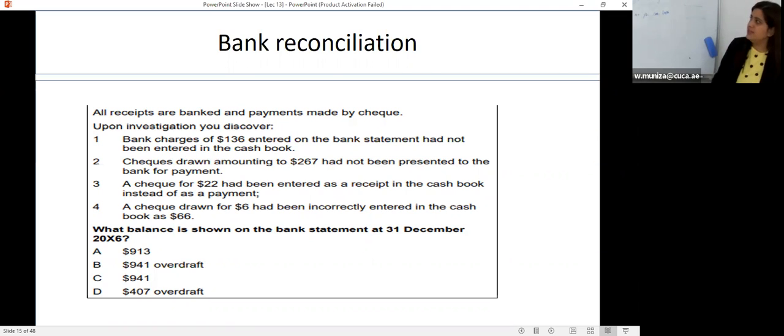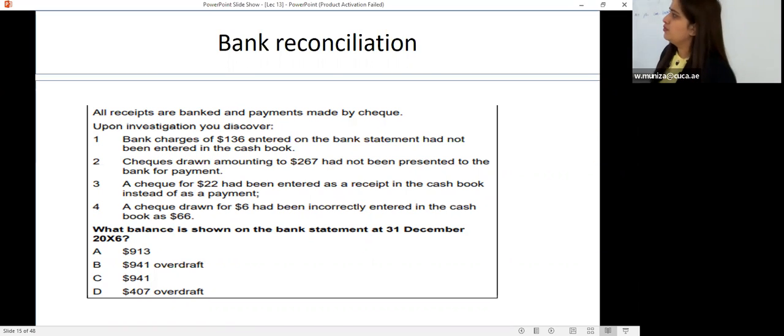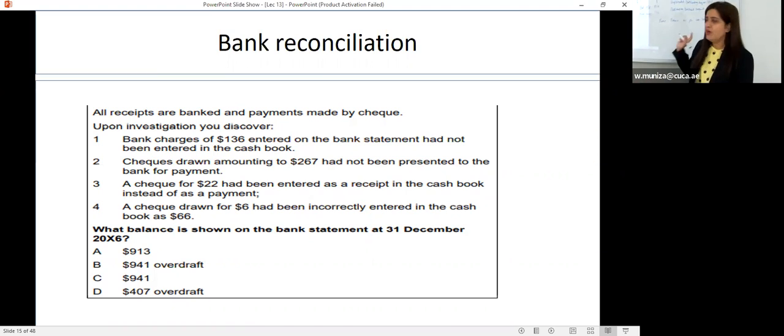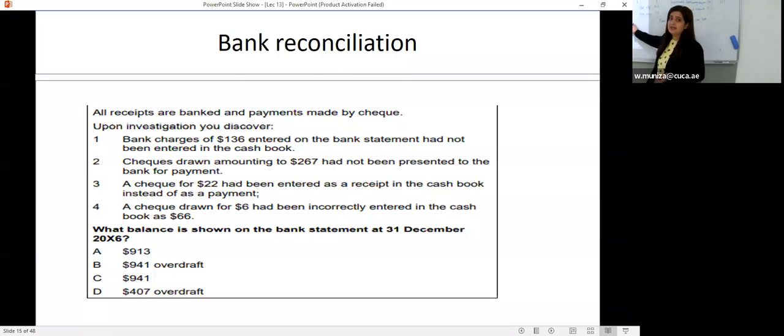Got it? Then students, a check of 22 had been entered as a receipt in the cash book instead of a payment. So in the cash book, we have made a mistake. What mistake have we done? Entered as a receipt in the cash book instead of payment. We had to record a payment of 22, but we have recorded it as a receipt on the other hand. So instead of writing it as a payment, we have recorded it as a receipt. So in order to correct this error, we are going to write it on the credit side.